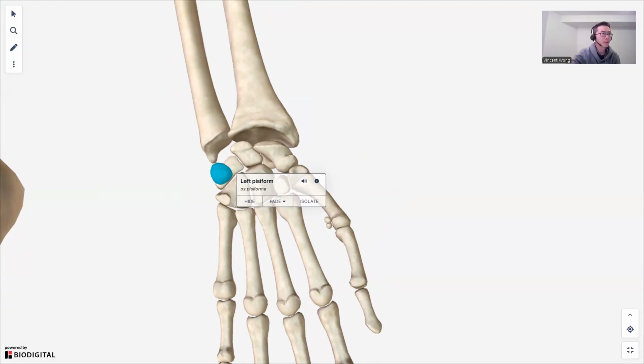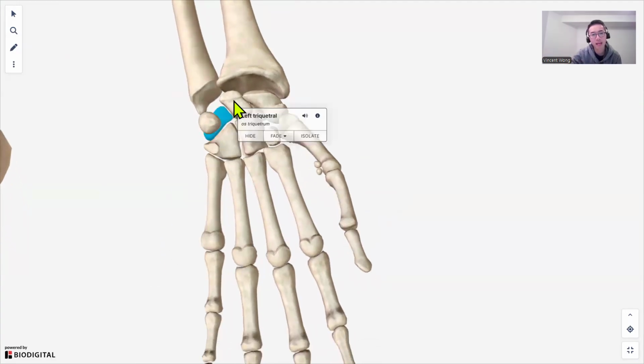Carpals form the bones of your wrists. Carpals right here. Further down, they all have names, but we don't have to worry about it. Just call them carpals collectively. C-A-R, car, and then pals, P-A-Ls. People who carpool with you, your carpals.